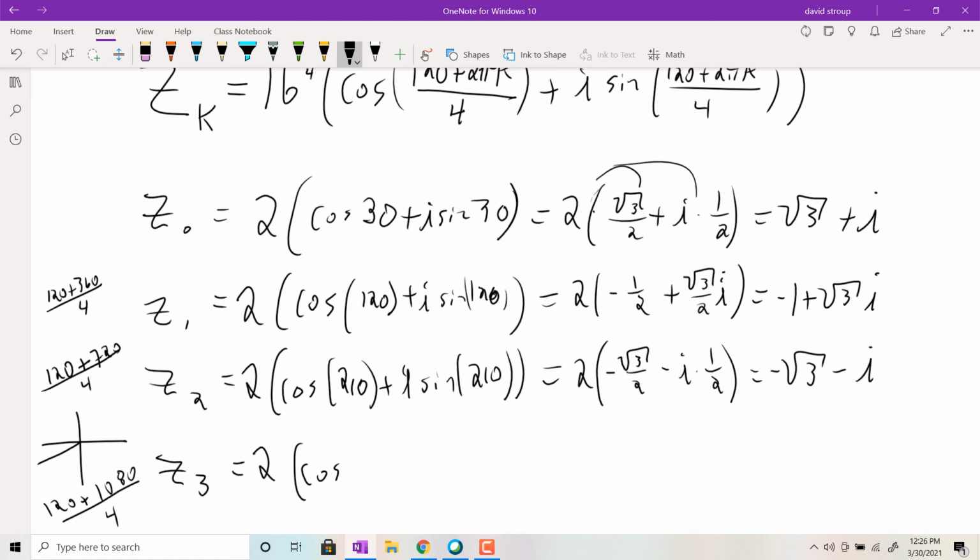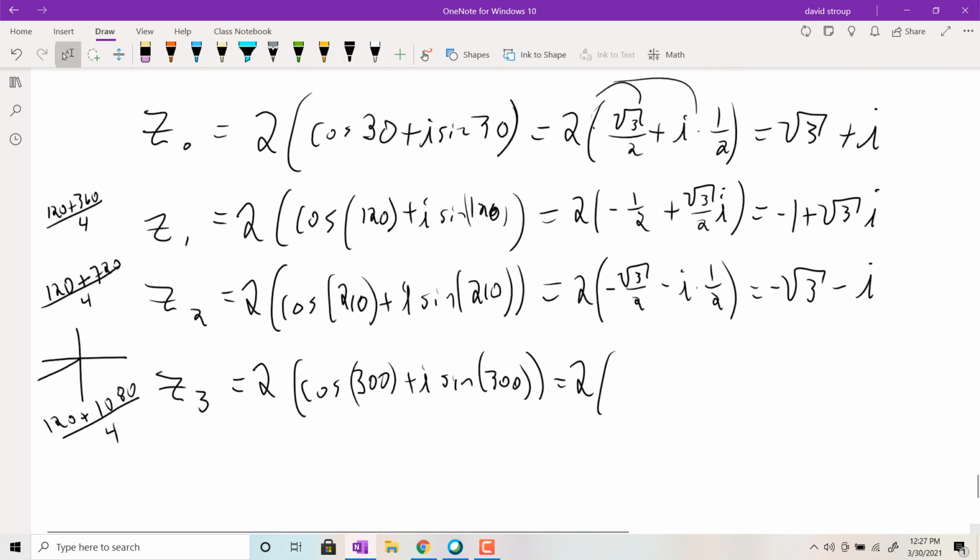So I'm looking at 300. Cosine of 300 plus i sine of 300 will equal 2 times, so again, let's be a little more careful about this angle. 270 is 3 pi over 2, so 300 is over here. 300 minus 360 will give you 60 for your reference angle.